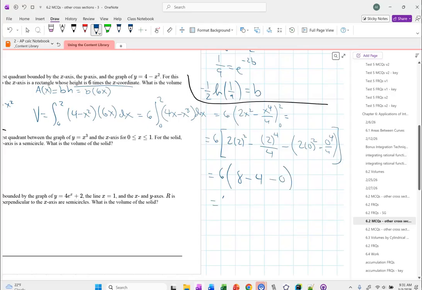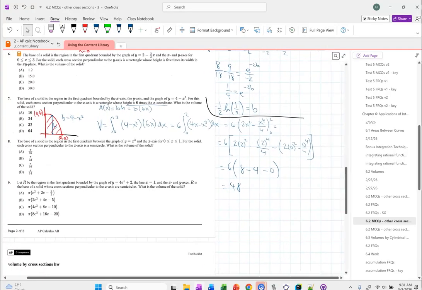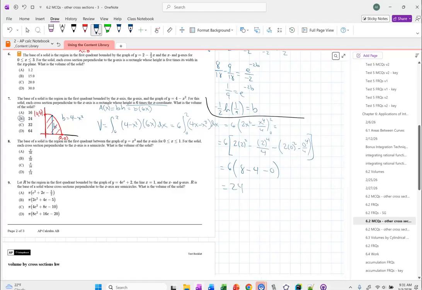So we have 48, it looks like. Oh, yes, 24. Thank you. I was going to say, well, I did something wrong. Why is 48 not on the list? It's because you did the easiest part of the problem wrong. I started like 6. 8 minus 4 is not 6.